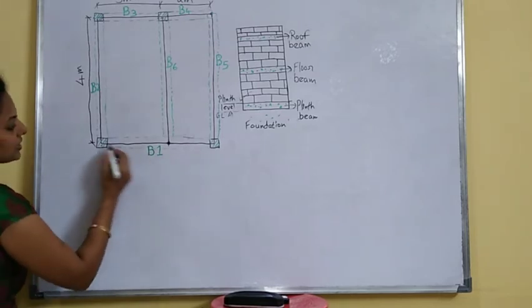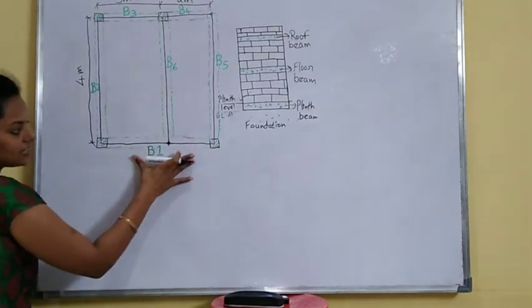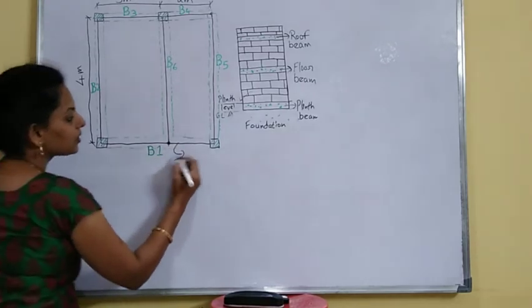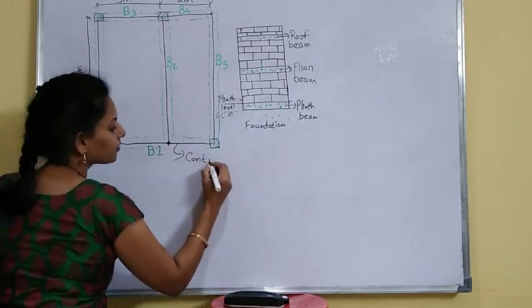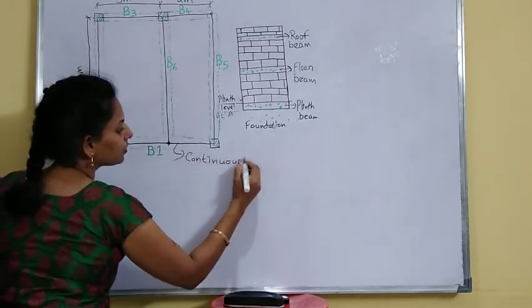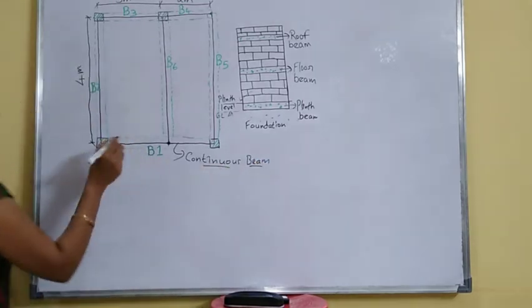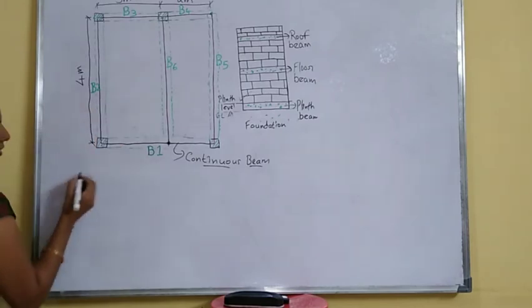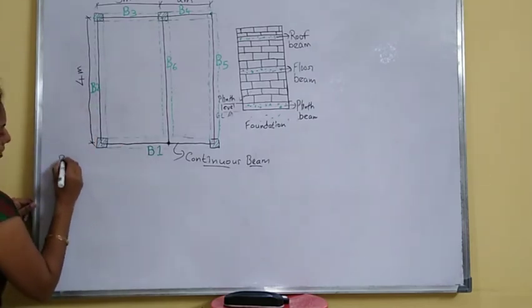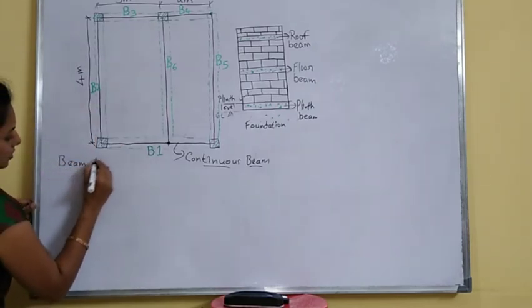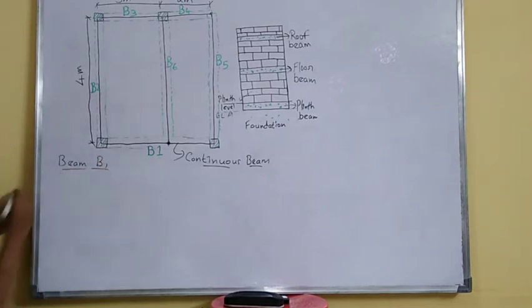First, see here, we will consider this as a continuous beam. First we will take this B1, beam B1.